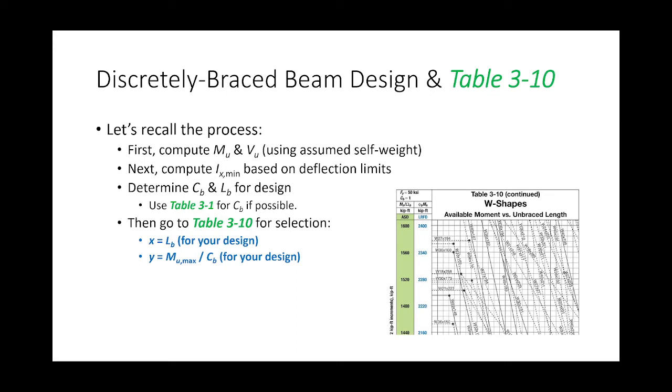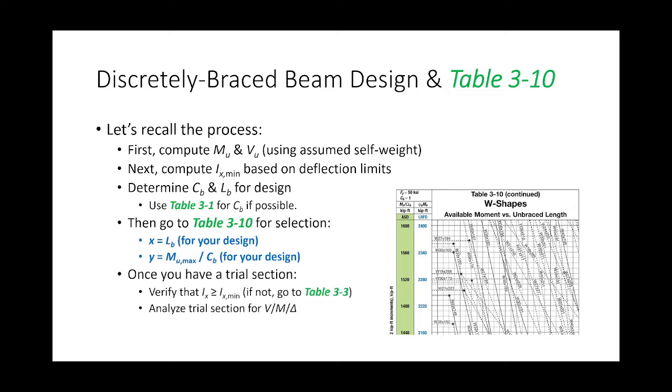On the x-axis, we go in with our unbraced length. On the y-axis, we go in with MU over CB for your design and pick a shape. Once you have that shape, you verify that the moment of inertia is good enough. If not, ignore all this and go to table 3.3 and then analyze the section for shear, moment, and deflection. And once that's good, you're done.